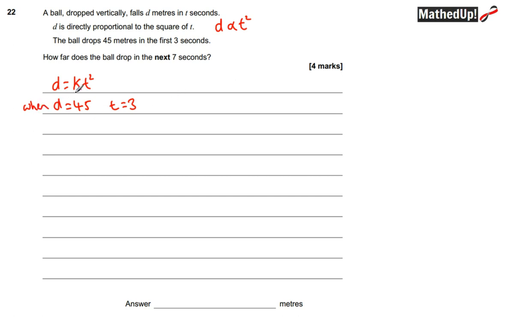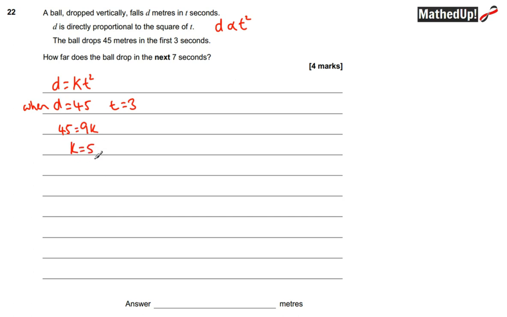Okay, so I can now substitute this into here to work out what this missing value k is. So 45 is equal to k times t squared, or k times 9, and I can write that as 9k. So if 45 is equal to 9k, if I divide both sides by 9, it tells me that k must be equal to 5, because 9 times 5 is 45.